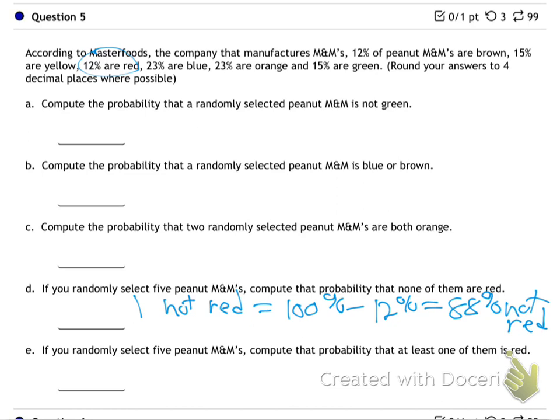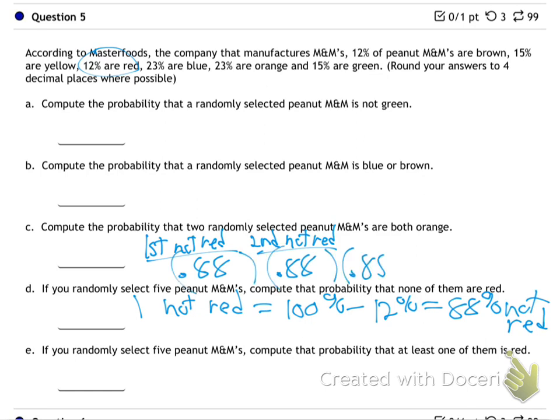So when I reach in the bag and grab one, the chance that the first is not red is 0.88. And the chance that the second is not red is also 0.88, etc. You're just going to multiply 0.88 by itself 5 times.